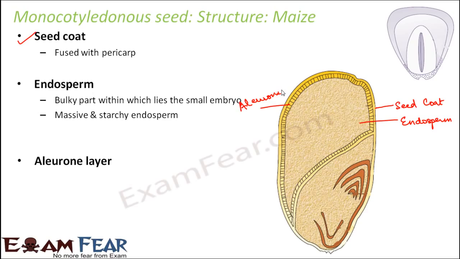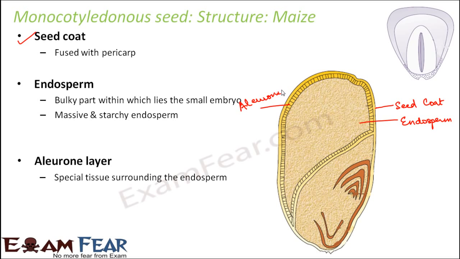This massive and starchy endosperm provides all the food, and that is why it is digested and absorbed by the embryo. A time comes when all that massive portion is absorbed by the embryo itself, and the embryo grows into a new plant altogether.